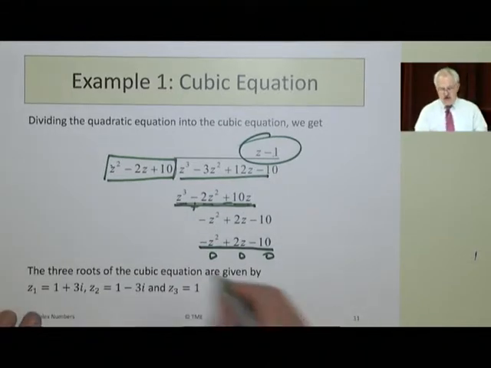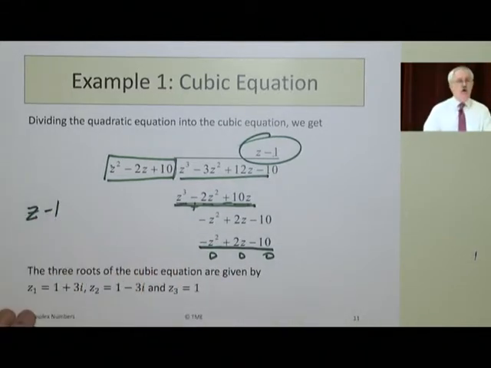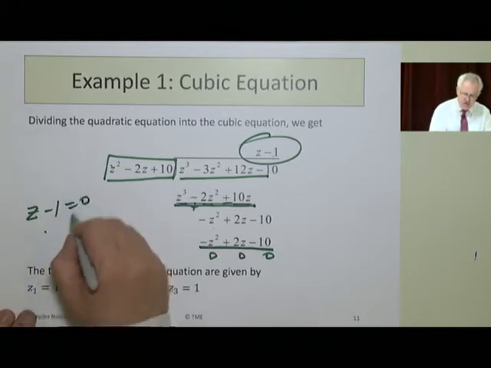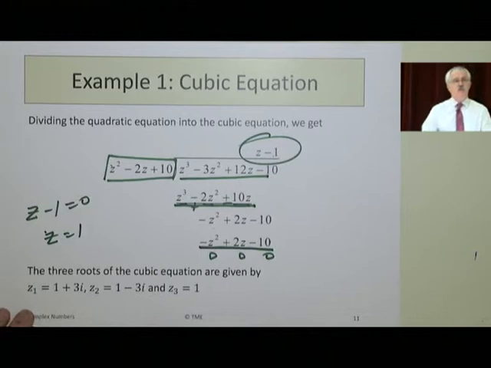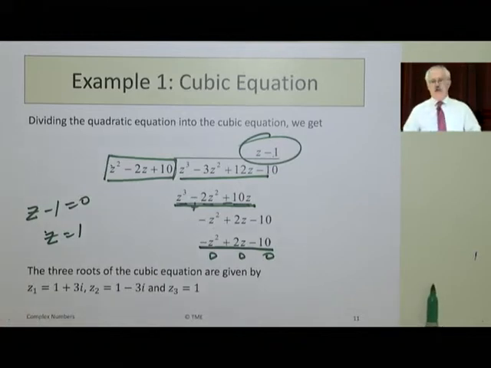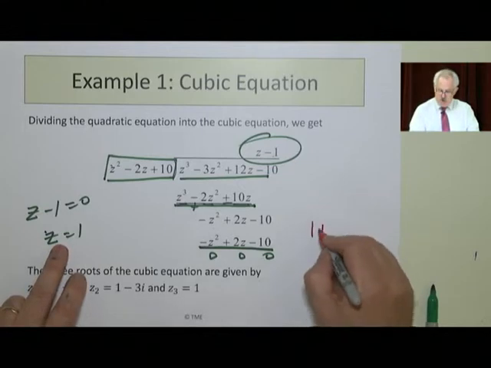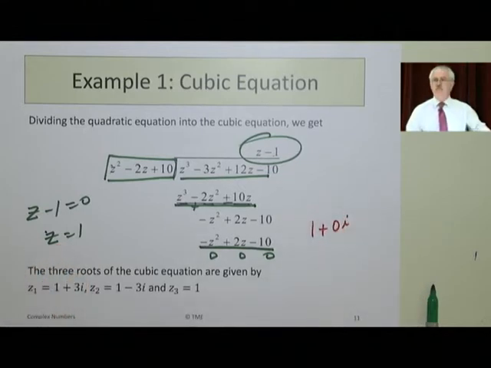So if your last factor is z minus 1, then your last root is z equals 1. And what's another way to write z equals 1 as a complex number? 1 plus naught i.